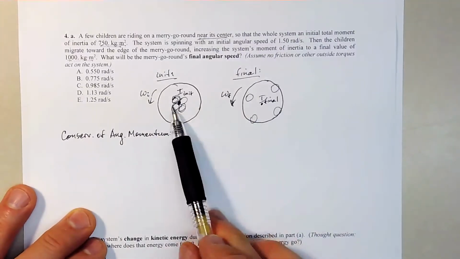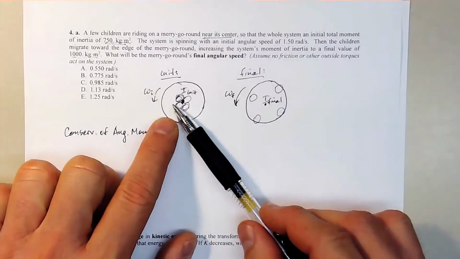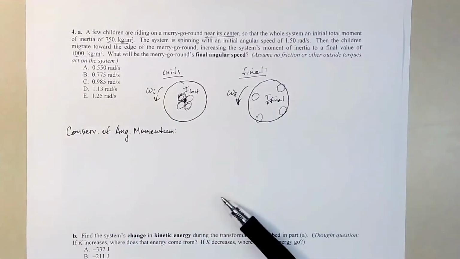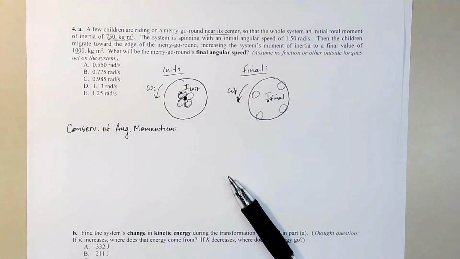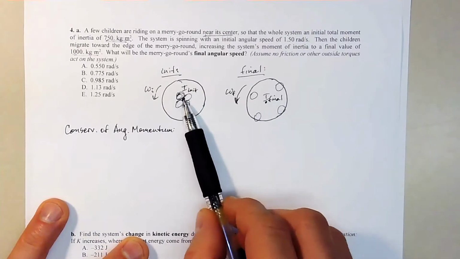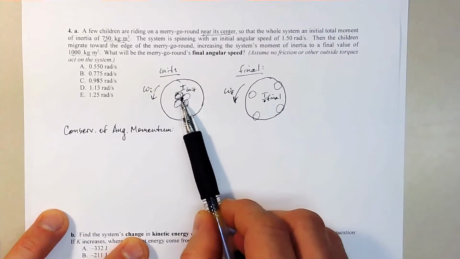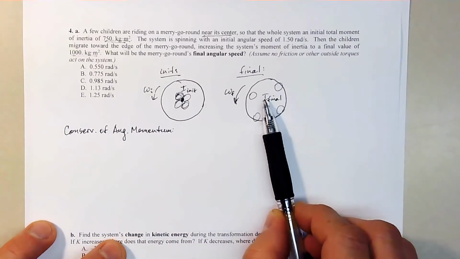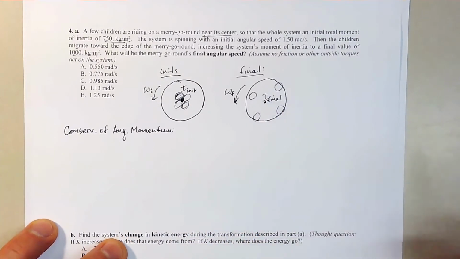And this is an ice skater, meaning we're treating, even though it may sound like there's 4 kids and the merry-go-round itself, let's pretend that we can treat it like a single object, and that the internal rearrangement of the mass is analogous to a spinning skater pushing their arms and legs from a tightly packed configuration, spreading their arms and legs out into a more spread out arrangement.